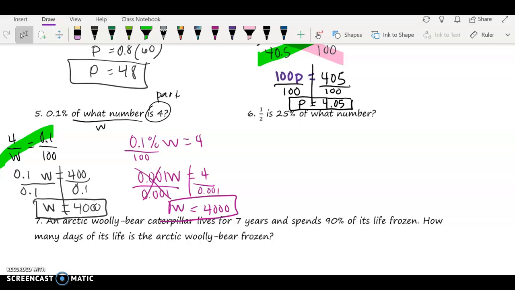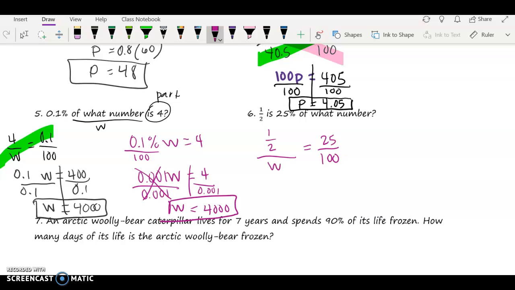Number 6, we have 1/2 is. So 1/2 is, 1/2 goes on top. 25%, so 25 over 100, because that's my percent, of what number?